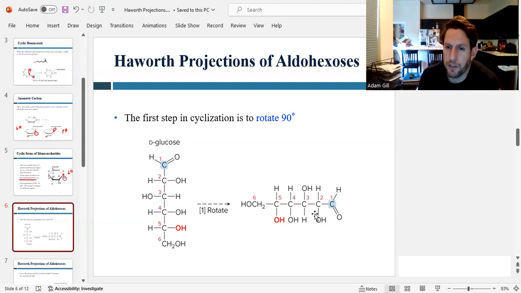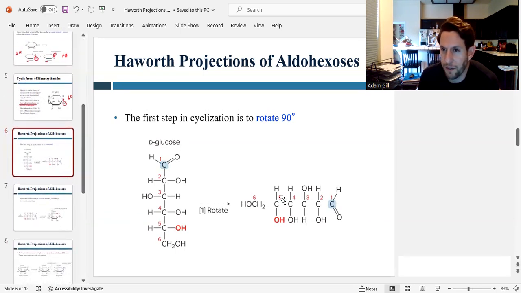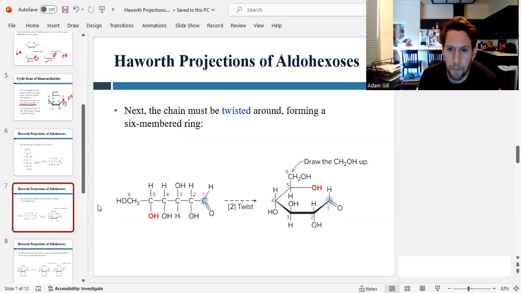And so make sure your OH groups maintain the same orientation when you tip your sugar over. Once you've knocked it over on its side, you want to bend it into a ring or twist it into a ring. And so the alcohol on carbon 5 is the one that's going to end up closing the ring. And so carbon 6 will always end up pointed up.